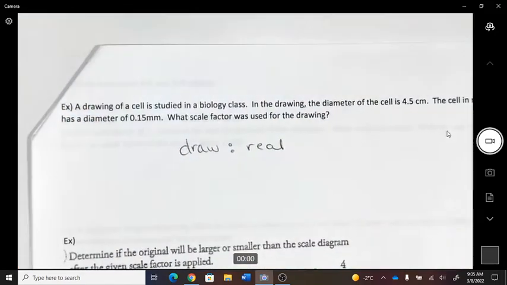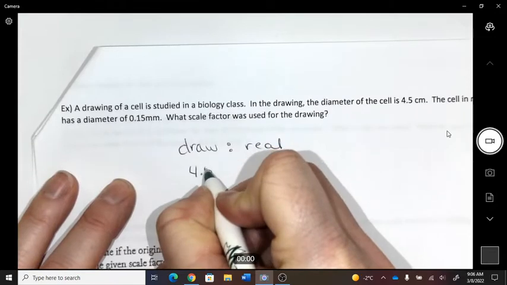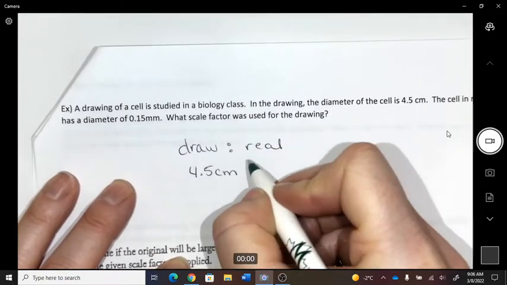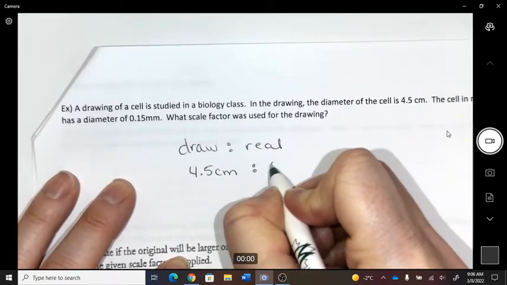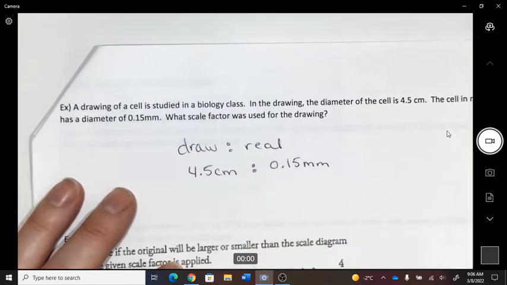Okay, so remember we always write it as, here's the drawing to the real. So the drawing was 4.5 centimeters, and the real was 0.15 millimeters.